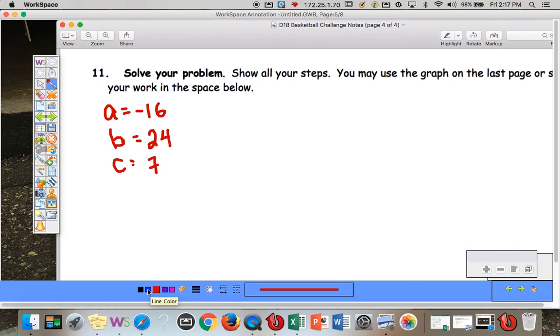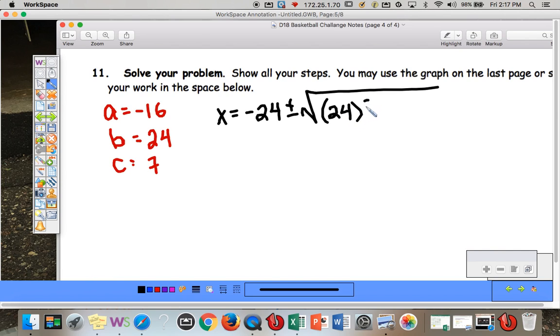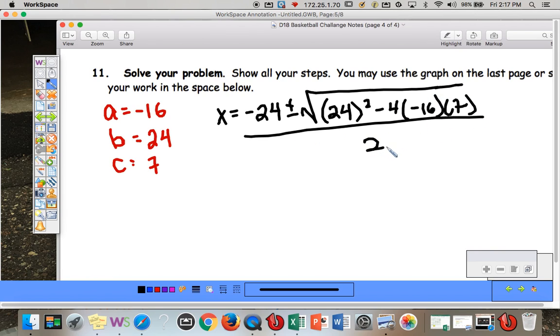And so when we type this in, we get x equals opposite b plus or minus the square root of b squared minus 4ac all over 2a. So I'd want to see this plugged in right here. Let's get our three numbers, this negative 24, the discriminant, and then negative 16.